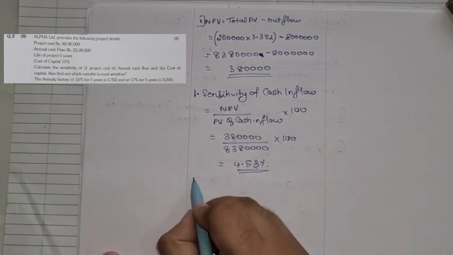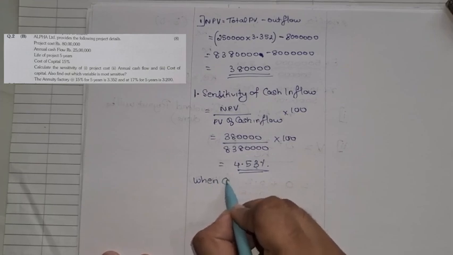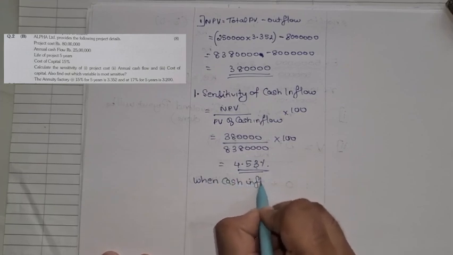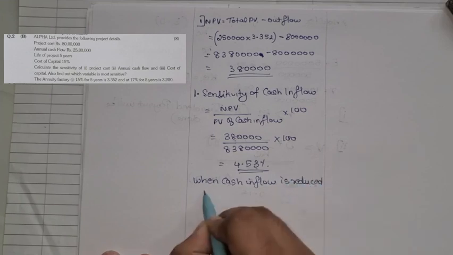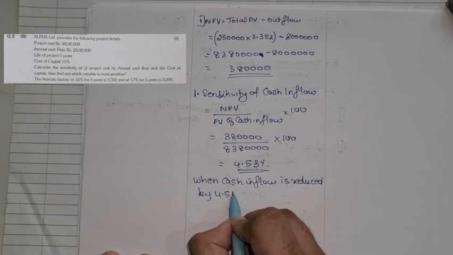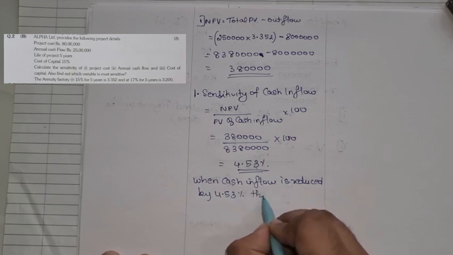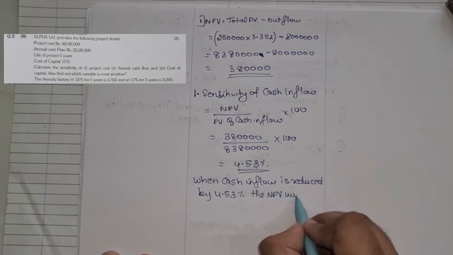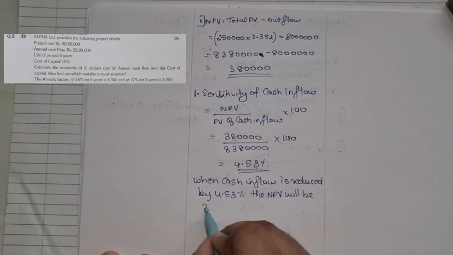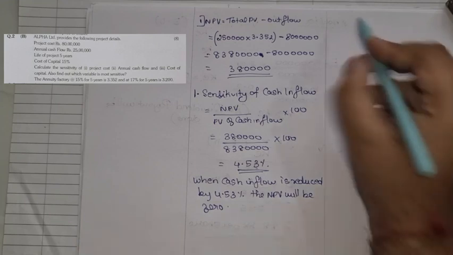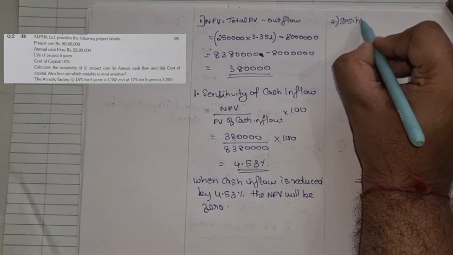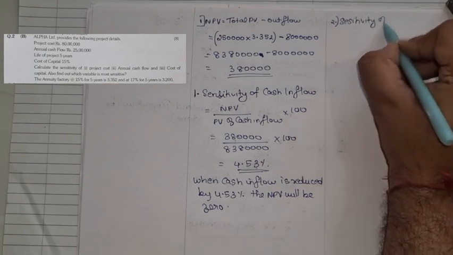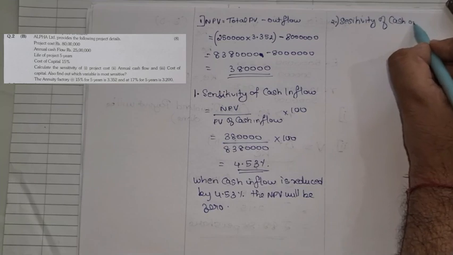Now what is the meaning of this? The rule we'll have to write: when cash inflow is reduced by 4.53%, the NPV will be 0. That's the first statement that you need to note down. Second, now we need to find the sensitivity of cash outflow.